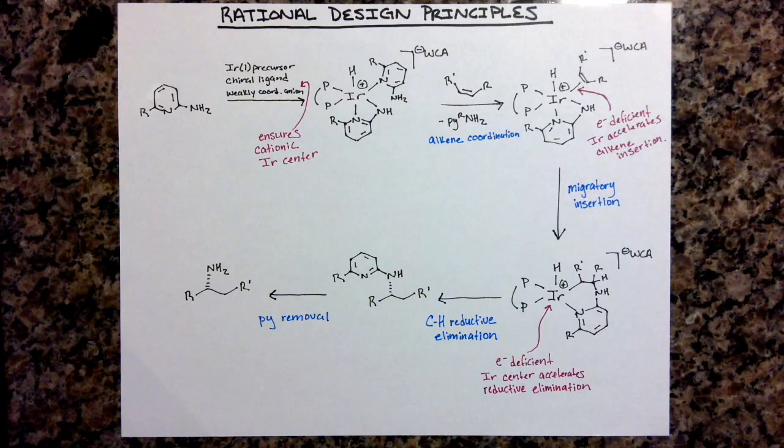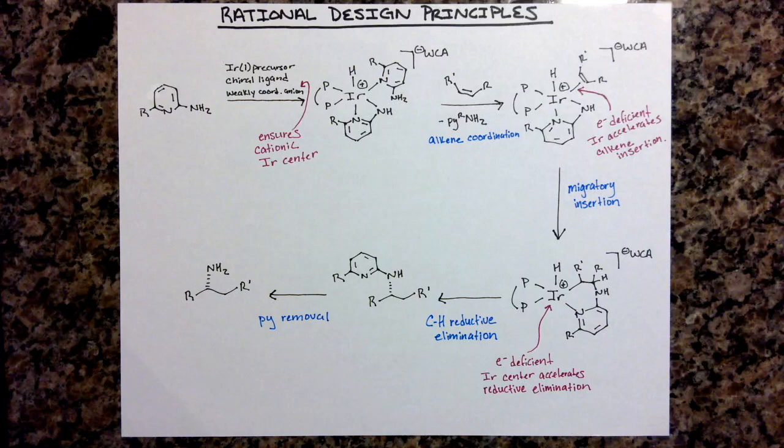With any change in the catalytic cycle, that's going to affect other steps in the cycle. So if you make a more electrophilic iridium center, that will accelerate the alkene coordination, migratory insertion, and reductive elimination, but that will slow down the oxidative addition of the initial NH bond.